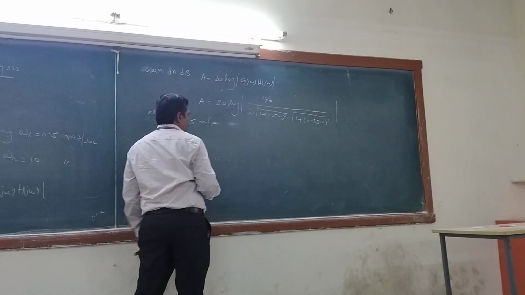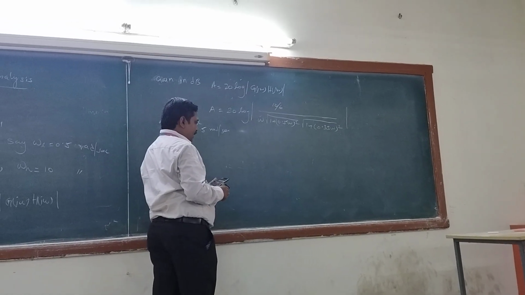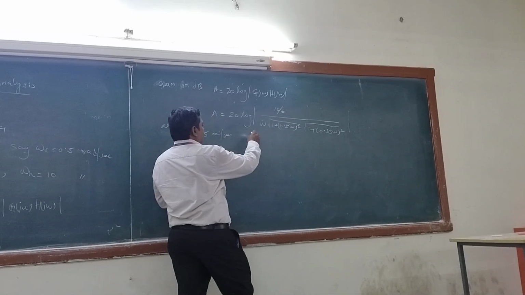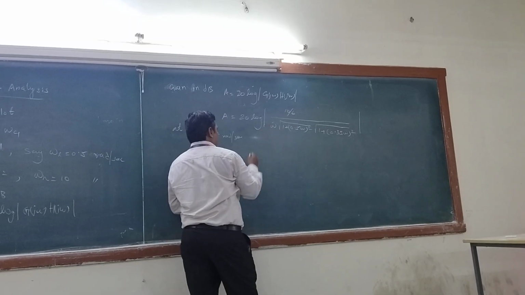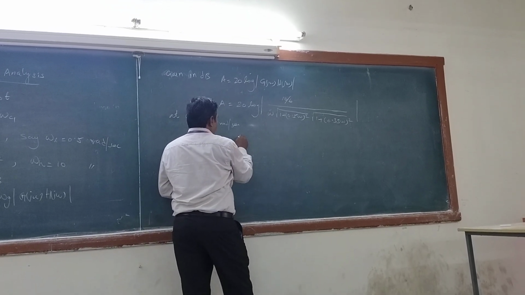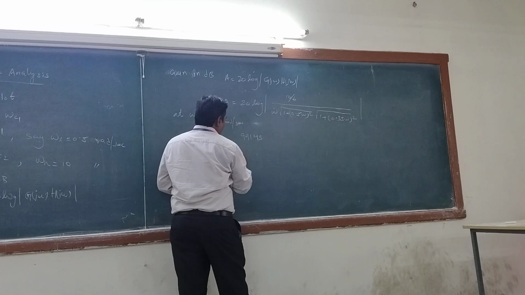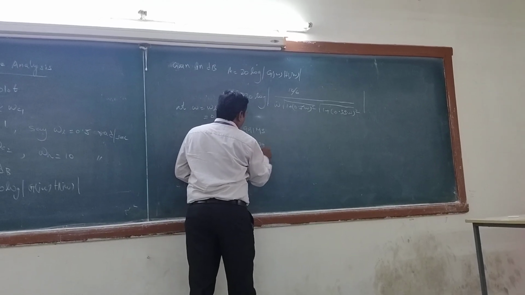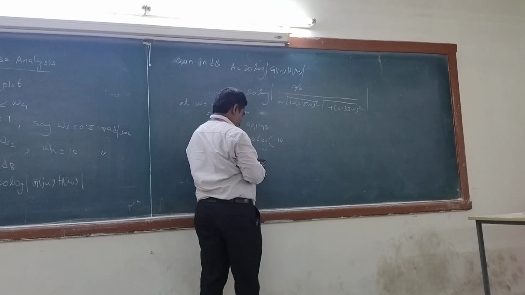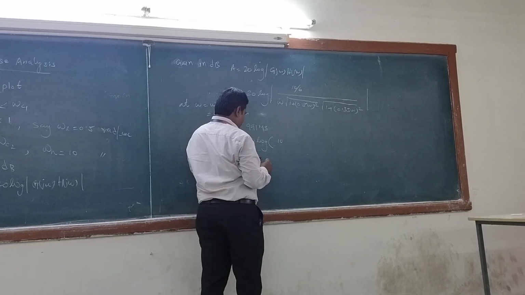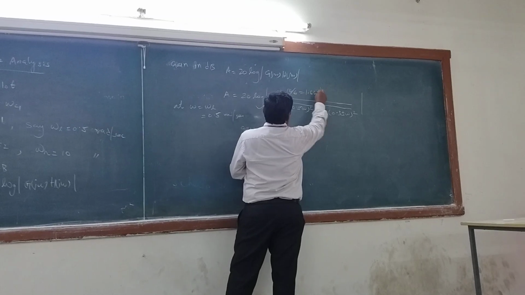This can be easily calculated using a Casio 991MS calculator. Replace omega by some other variable, so you can express this equation in the calculator. How do you express it? 20 log, bracket open, 10 divided by 6, that is 1.667.